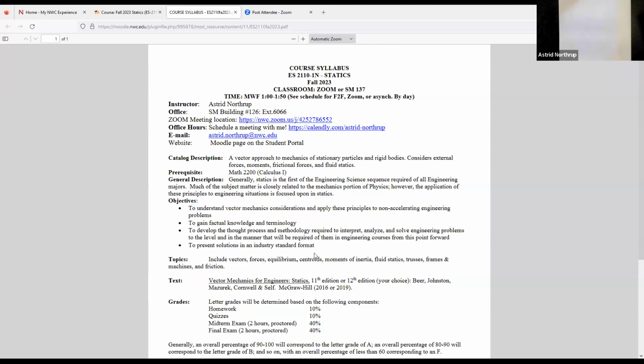But engineering is built on science and math, but it's not quite science and math. It's its own profession. Engineering is not just an academic discipline, it's also a profession, which means we have an agreement with society, which means we do things for society that they can't do for themselves. And our mission is to protect the health, safety, and welfare of the public.